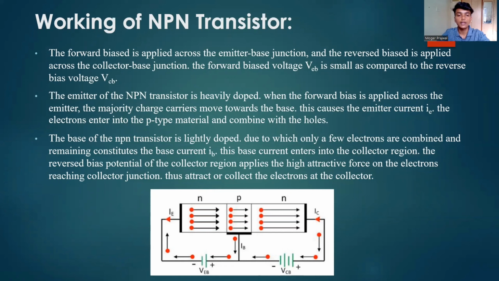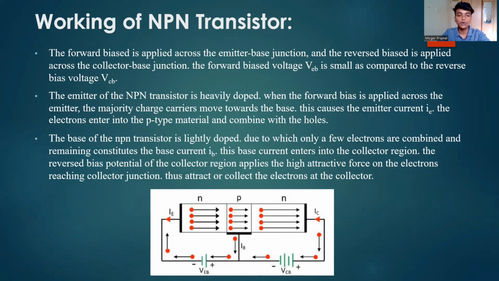The electrons enter into the p-type material and combine with the holes. The base of NPN transistor is lightly doped, due to which only a few electrons are combined and the remaining constitute the base current. This base current enters into the collector region.